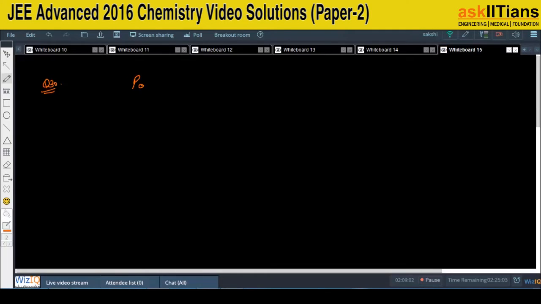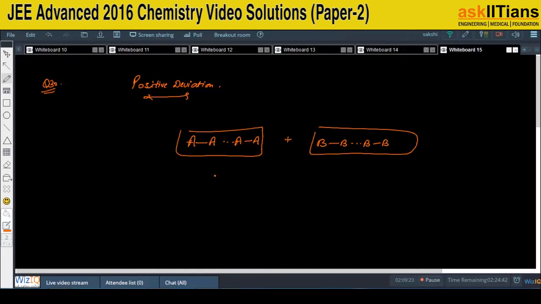Since I'm talking about positive deviation, suppose you have taken a solvent, let's say AA, and another solvent BB. If I am not mixing the two, then there is a certain force of attraction between AA molecules and a certain force of attraction between BB molecules, and if I mix the two, we will have both AA as well as BB in the picture.